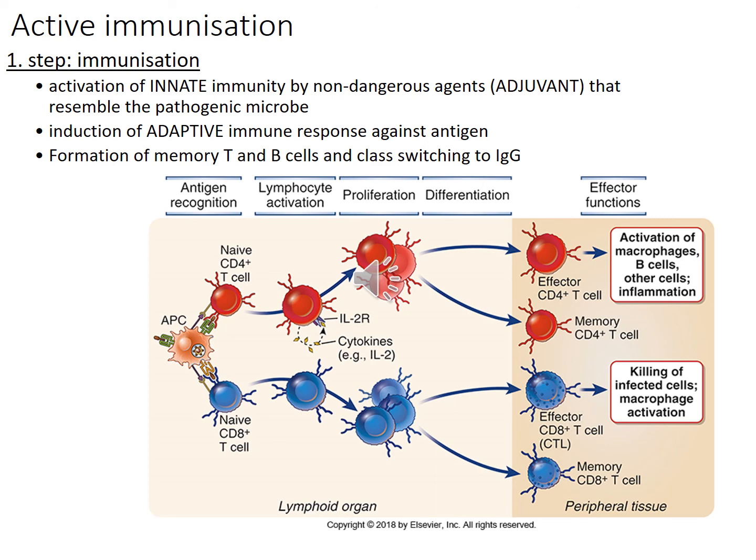So IL-2 drives proliferation, and after proliferation the selection is going to happen so that the high affinity T cells will survive. This is called differentiation. Once the cells are fully differentiated, the effector CD4 T cells can activate macrophages, they can activate B cells, which we'll come back to, and other cells in the inflammation.